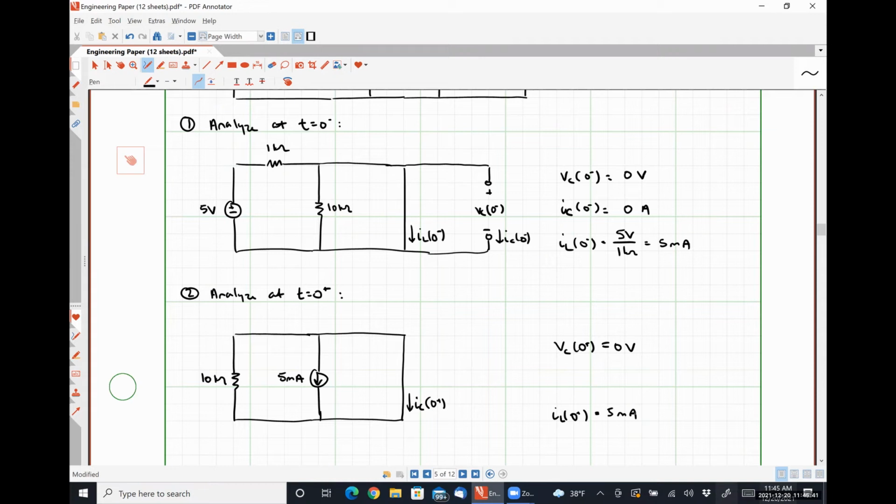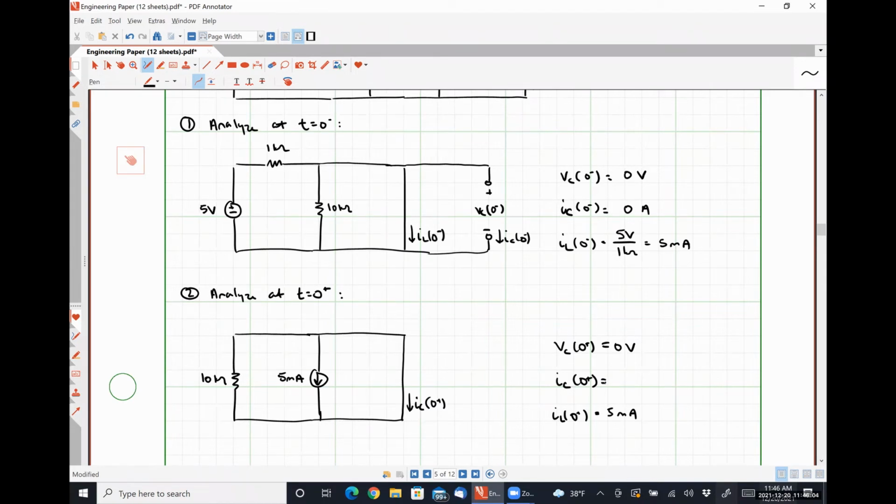So if the capacitor voltage was 0 volts at 0 minus, it has to continue being 0 volts at 0 plus. If the inductor current was 5 milliamps at 0 minus, it has to continue being that at 0 plus. So the only thing that we need to know that we don't have is our capacitor current.